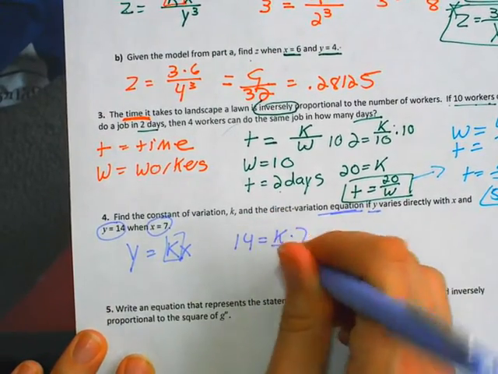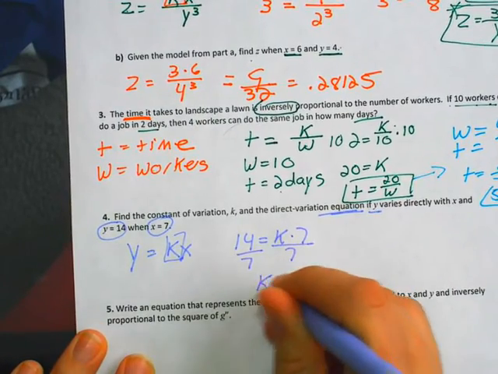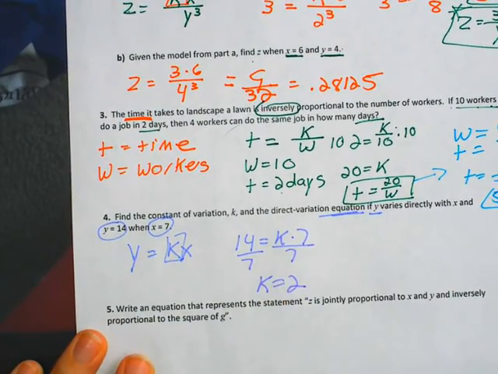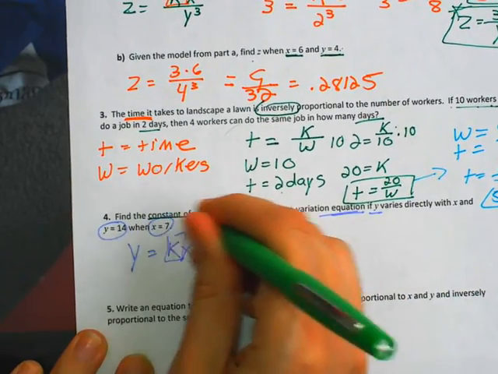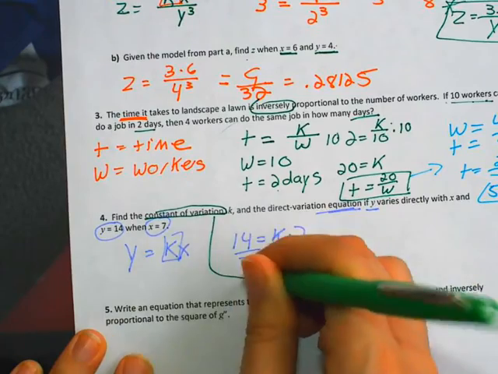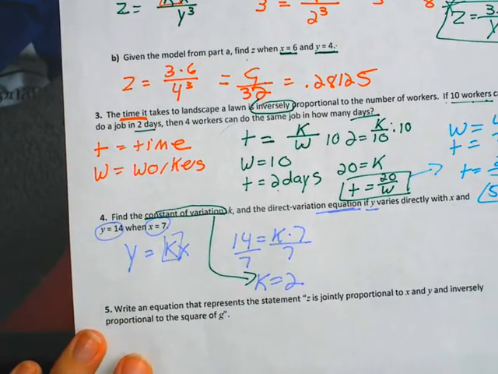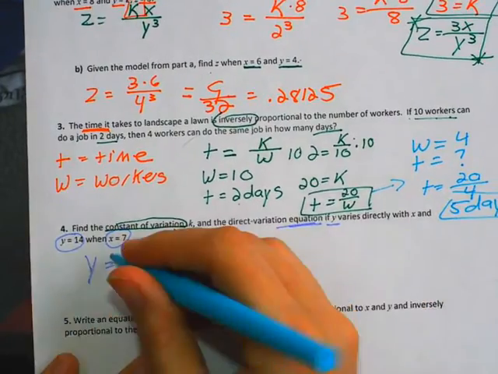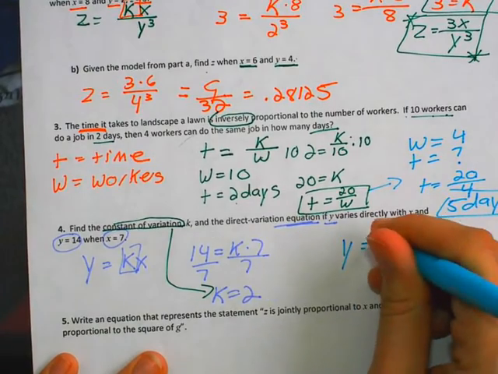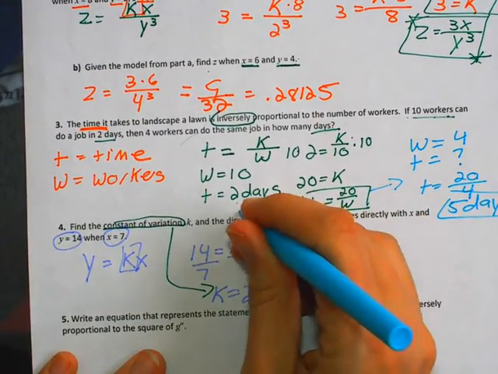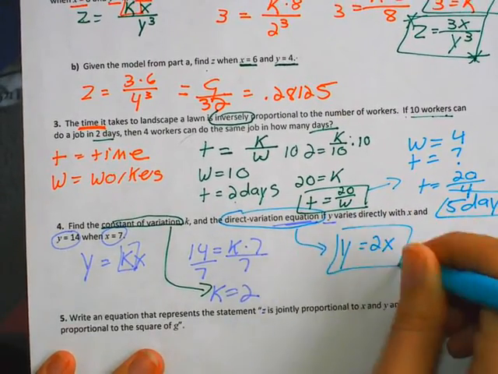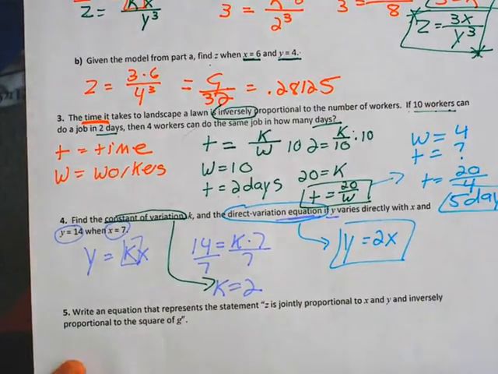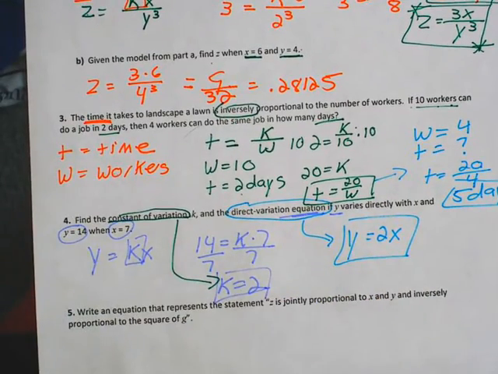I want to know what K is, so I'm going to divide by 7. So K equals 2. So this is our constant of variation. And then it wants to know what the equation is. So for our equation, it would be Y equals 2X. So our direct variation equation is Y equals 2X. That's all we needed to do for that one.